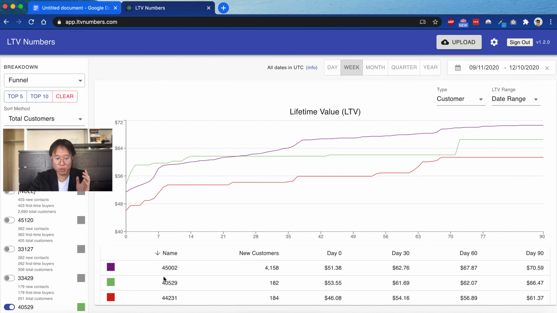So customers who bought your product from, let's say, the purple funnel at least 90 days ago have an LTV of $70, which basically means that customers who initially bought from the purple funnel are still buying stuff from you after. And again, same thing for customers who bought your product from the purple funnel at least 1 day ago, who bought, let's say, yesterday, right? We see that it still increases from 51 to 52, which means that customers who initially bought are still buying from you.